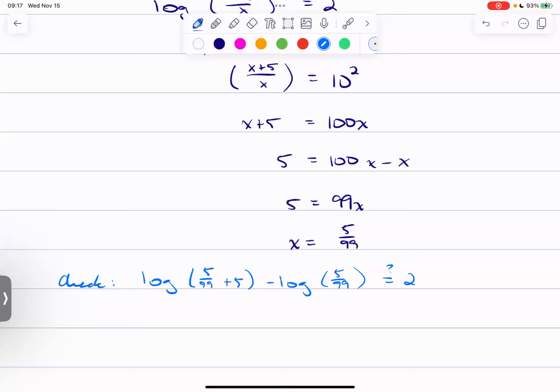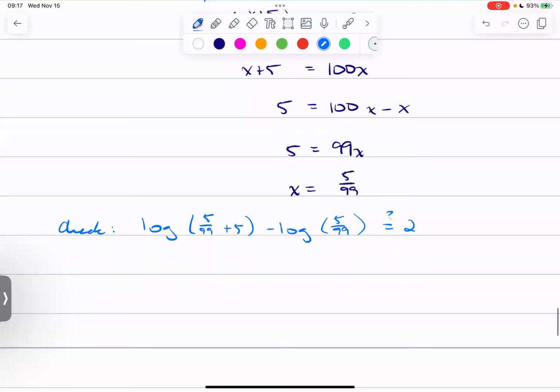I'm going to store that somewhere in A. Now, log base 10 of A plus 5 minus log base 10 of A. It is 2. Whee! So you can always check your work.